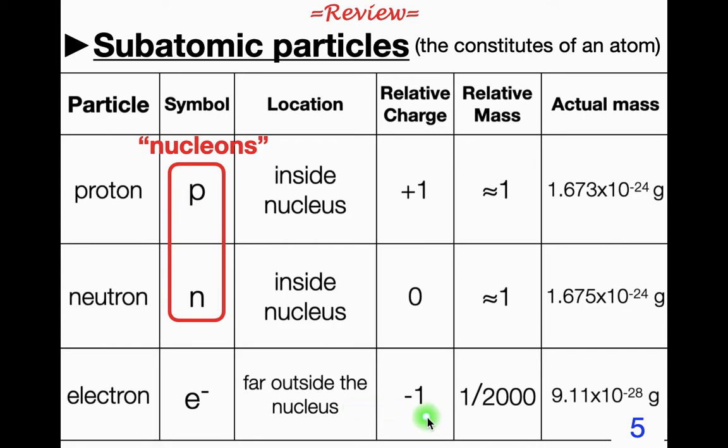Relative charge is -1. What we say is that the proton and electron charges are equal in magnitude but opposite in sign. The mass, very small. You would need about 2,000 electrons to have the same mass of a proton or a neutron. And its actual mass is 9.11 times 10 to the negative 28.